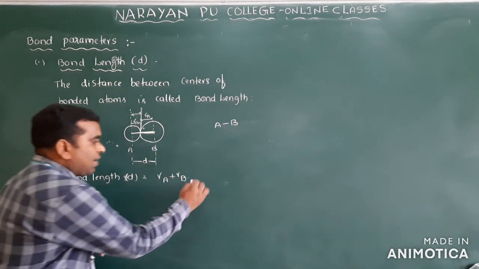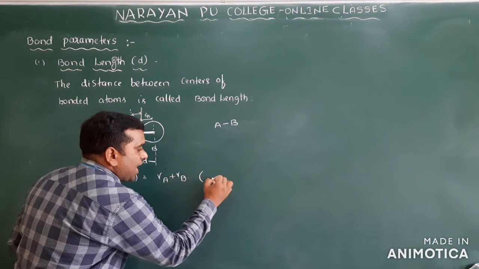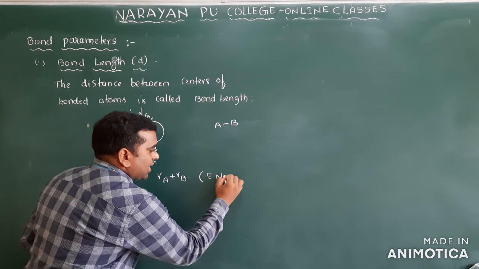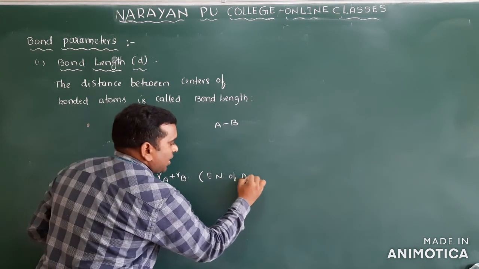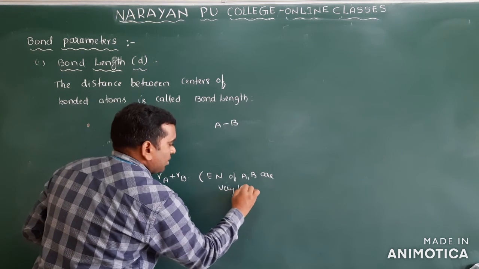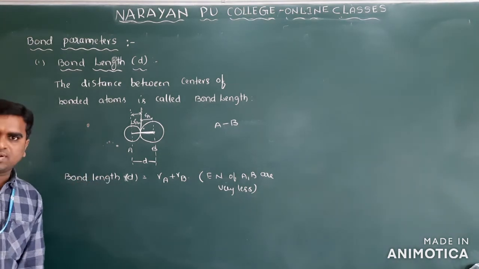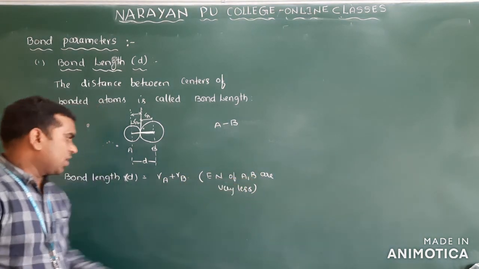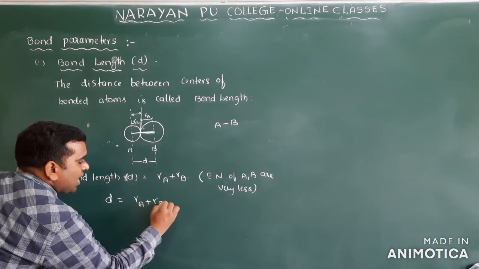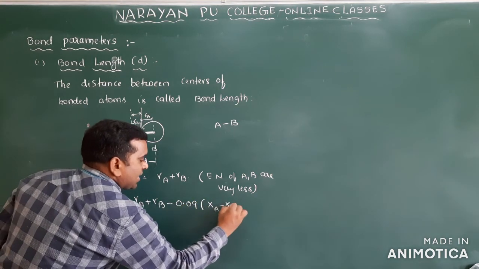When we consider this, the electronegativities of A and B are very, very less. Clear? So this is the bond length. If the electronegativity difference is more, then to calculate the bond length, D is equal to Ra plus Rb minus 0.09 times Xa minus Xb.